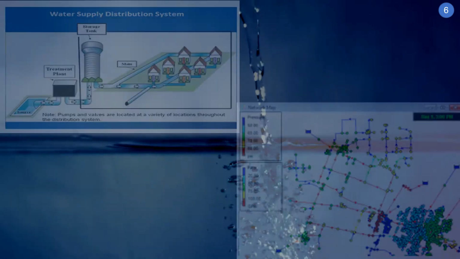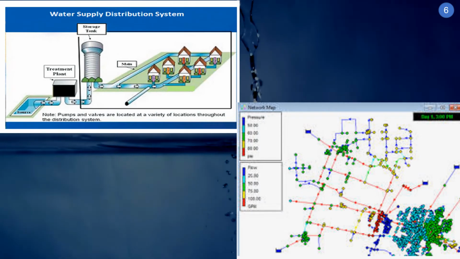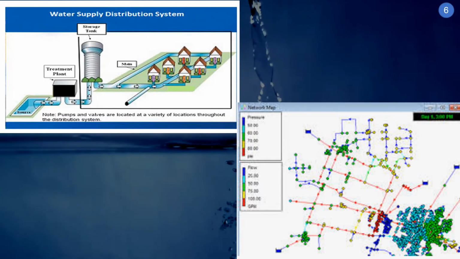What tools and solutions does science have to offer in order to deal with this challenge? The answer is very simple. It is called a hydraulic model. What is a hydraulic model?